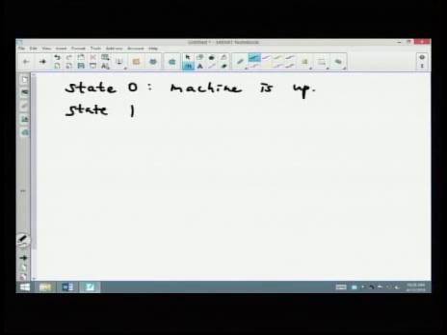In other words, state 1 means that the machine is down.